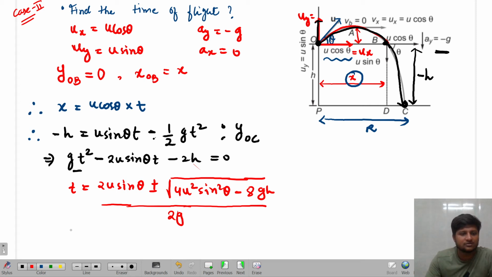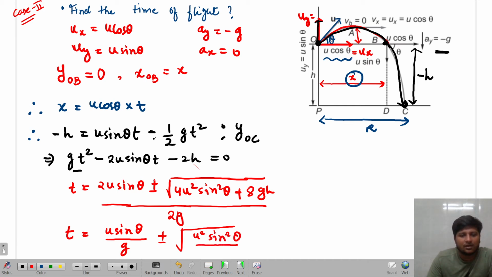Now I can convert this into simple form. What that will be? It will be u sine theta upon g plus minus root over, I can bring this inside it and it will become u square sine square theta upon g square plus twice h upon g, right or not?